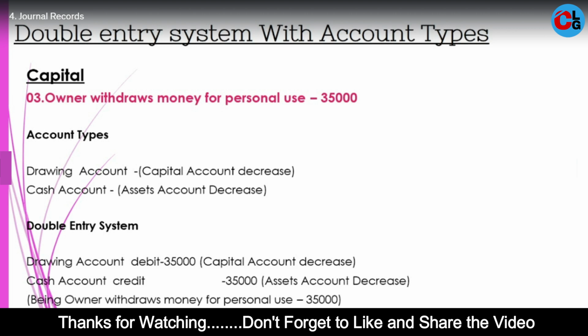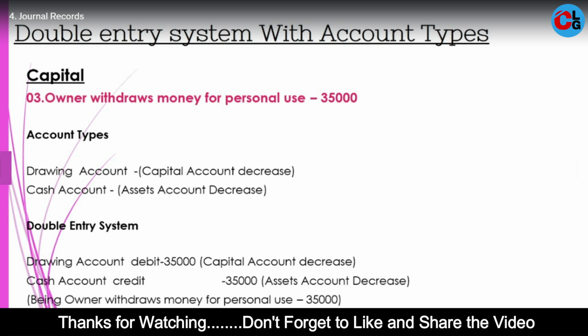The drawing account comes under the capital account, and drawing decreases the capital. And if the money is taken from the company, the cash account decreases, it means cash decreases.